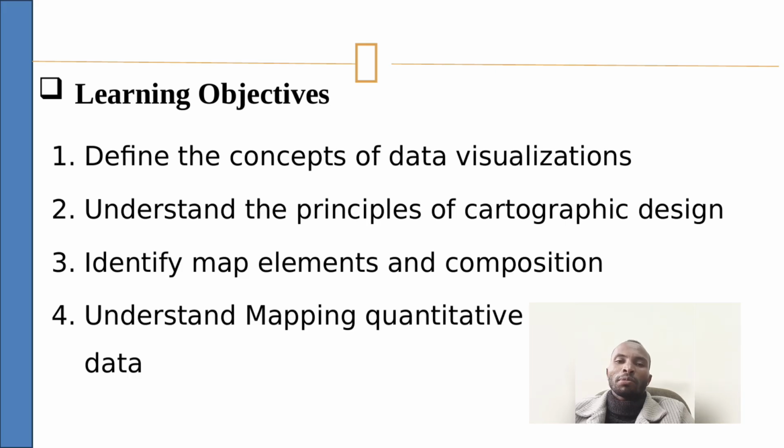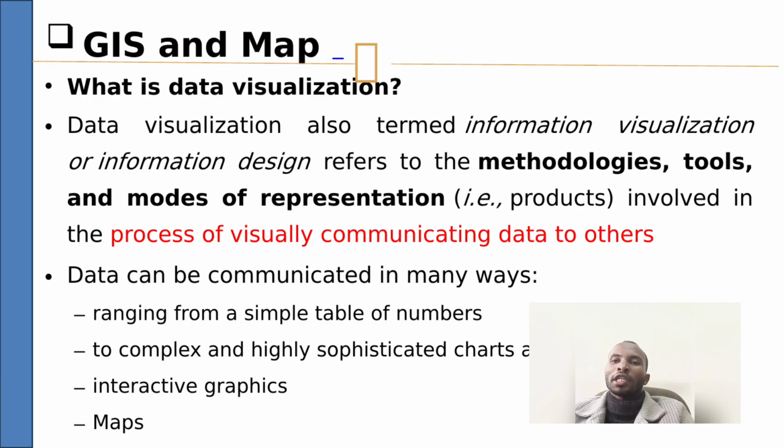Therefore, data can be communicated in many ways. The first one is ranging from a simple table of numbers. The second, data can be communicated in complex and highly sophisticated charts. And we can also communicate the data using interactive graphs and maps.